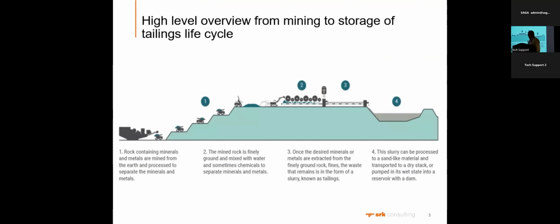If you consider mining, you excavate, whether it's underground or surface mining, which is depicted here. It gets taken to the process plant where the mine rock is ground fine, and the desired minerals are extracted, and then the tailings is stored in some form of facility.